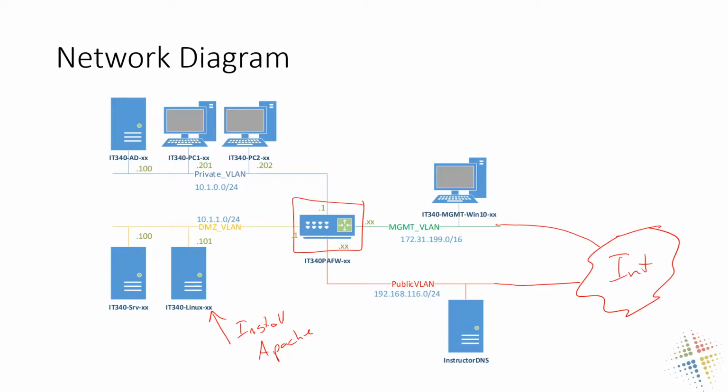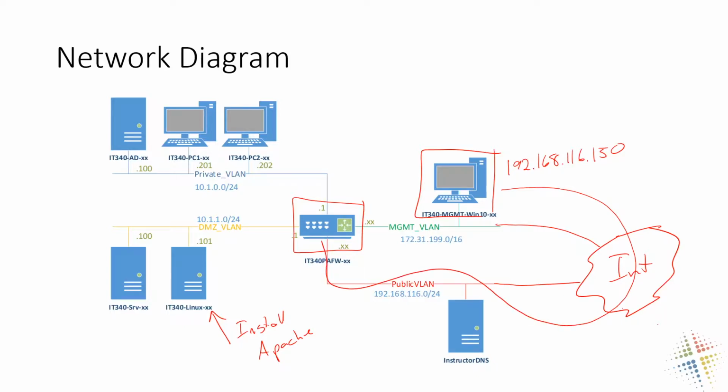So what we could do with this machine is type in 192.168.116.150 in a web browser. My IP address will differ from yours, but .150. And what should happen is my client should go all the way through the internet, through the public VLAN, up through the firewall, and down.